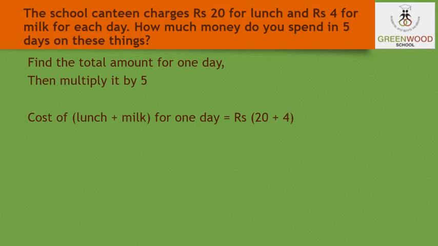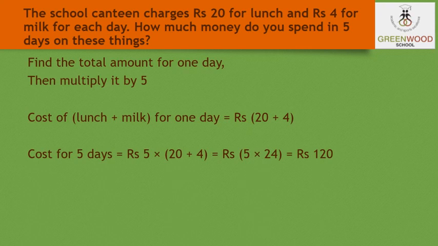So if I find the cost of lunch as well as milk for one day, that is the cost of lunch for one day is 20 rupees, and the cost of milk for one day is 4 rupees. So if I calculate 20 plus 4, that is 24 rupees. So for each day, lunch as well as milk will cost 24 rupees together.